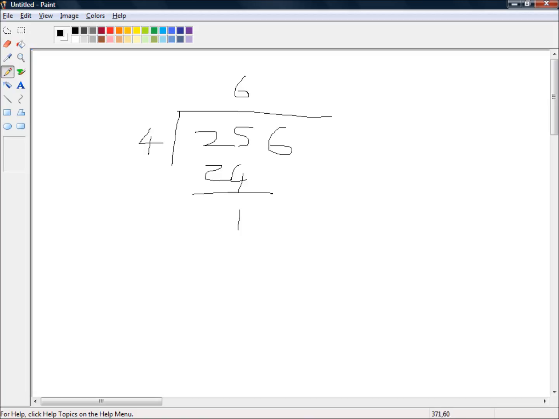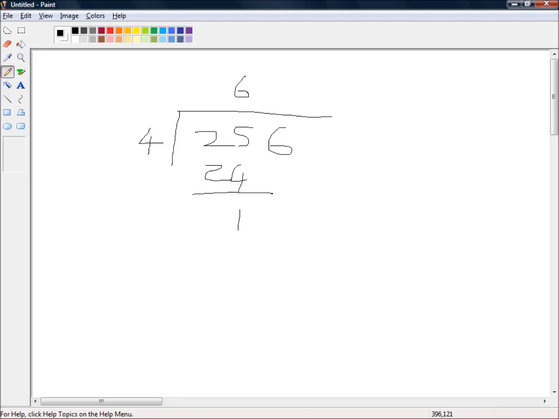And note I wrote the 6 above the 5's column. I didn't write it above the 2's column because we're looking at 60 rather than 600, because 4 actually goes into 250 60 times. So that's why we've written it over this column.